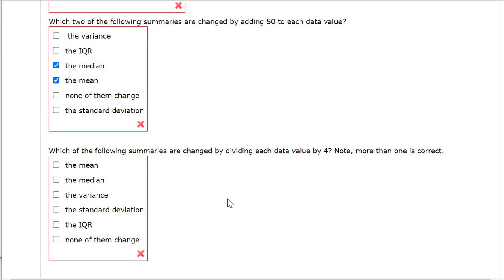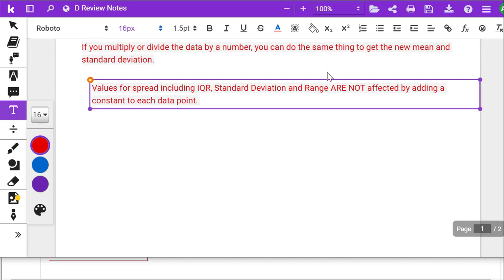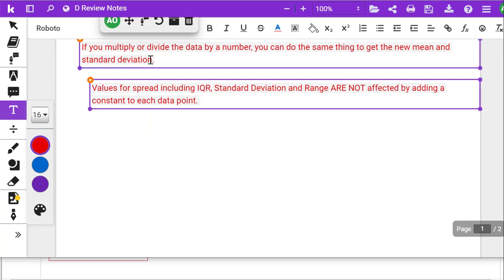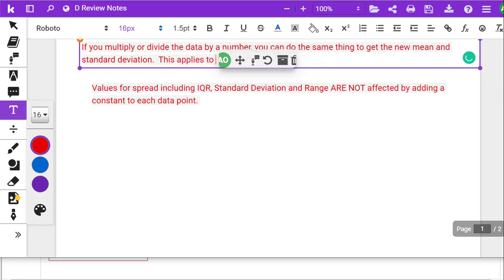Which of the following summaries are changed by dividing each data value by 4? That should be all of them. And so when you multiply or divide, remember on my review notes here, if you can do the same thing to the new mean and the new standard deviation. This applies to all. This applies to spread, which is the IQR, standard deviation and range, and location.